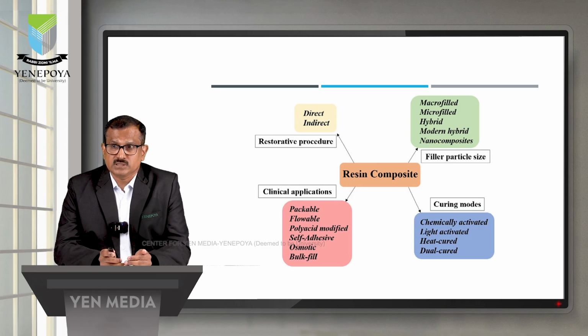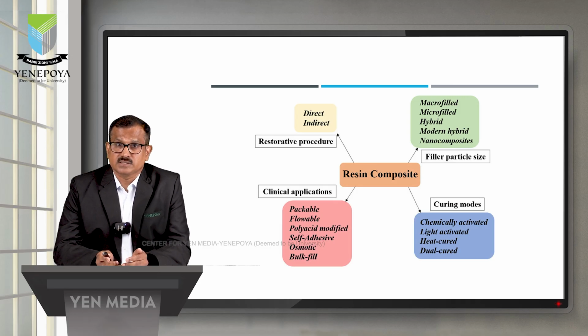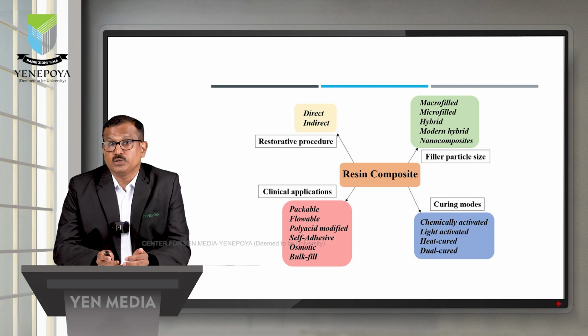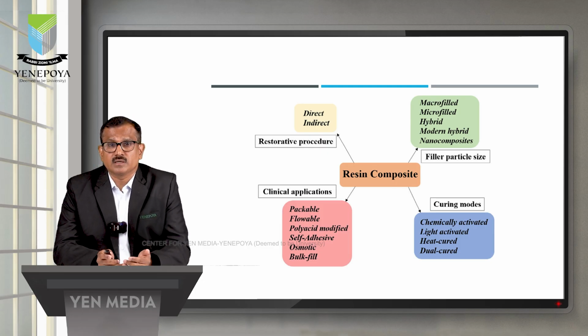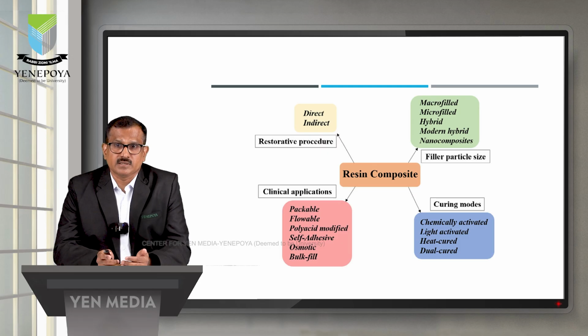As and when they progress in practice and understand the variety of cases in depth, indications differ. That is when the different kinds of composites come into the picture. And again, curing modes: chemically activated, light activated, heat cured. But what we are concerned with is only light activated.